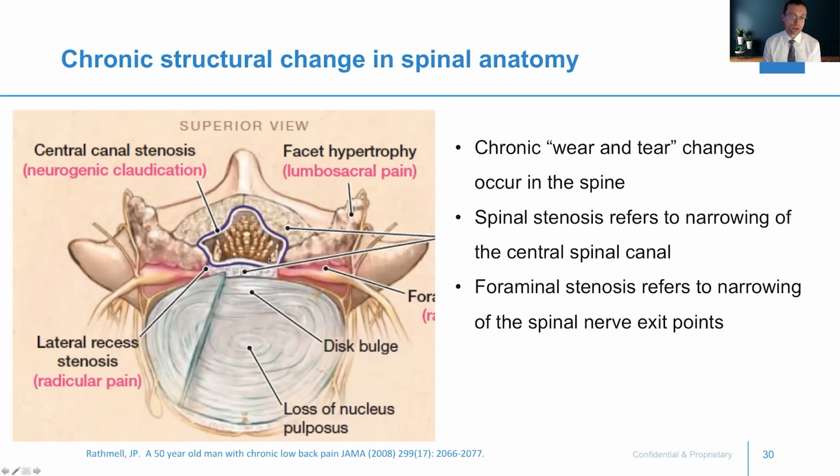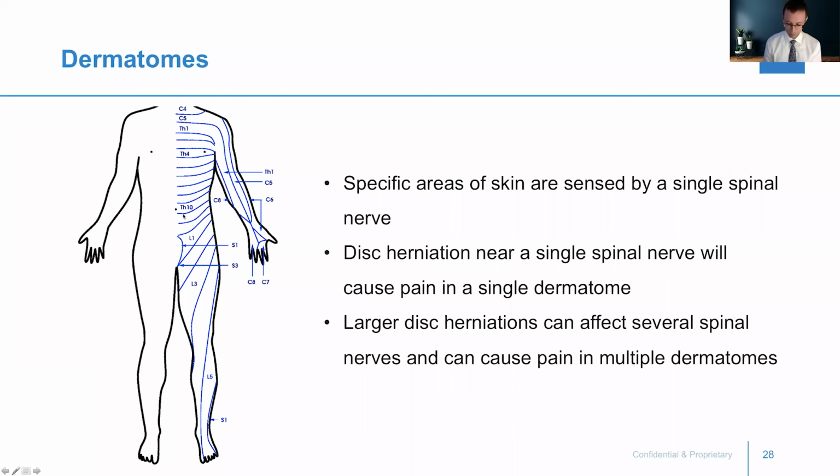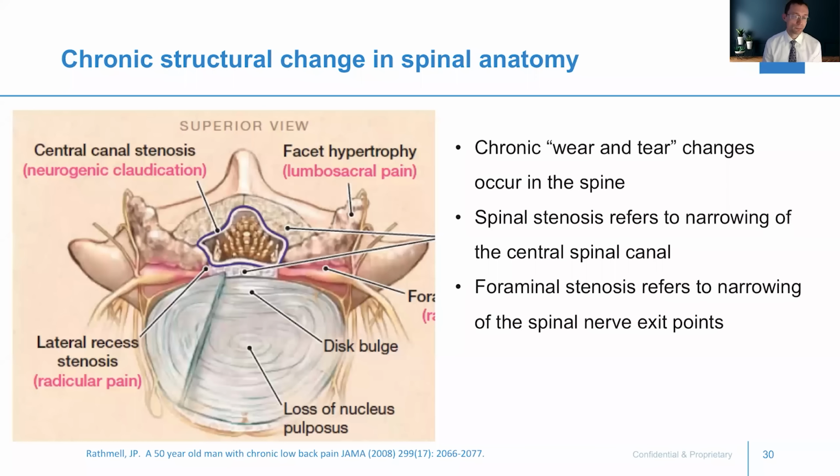Spinal stenosis will usually result from a combination of disc degeneration, which will narrow the spinal canal from the front, and ligament changes, which will narrow the spine from the back. Arthritis affecting the facet joints can also narrow the spinal canal from the sides. So together, all of those factors will result in central spinal stenosis, which will commonly cause sciatica pain as a symptom.